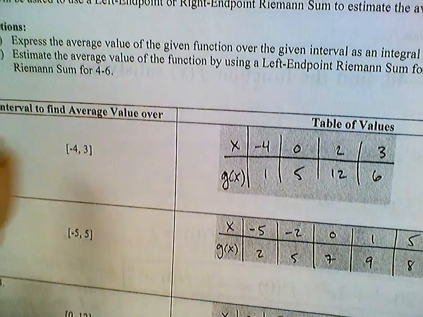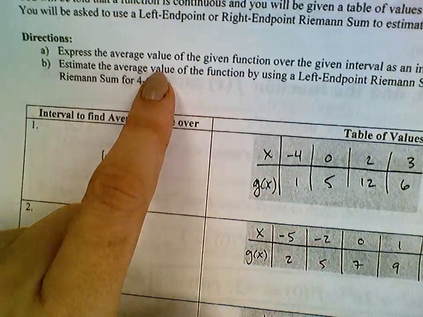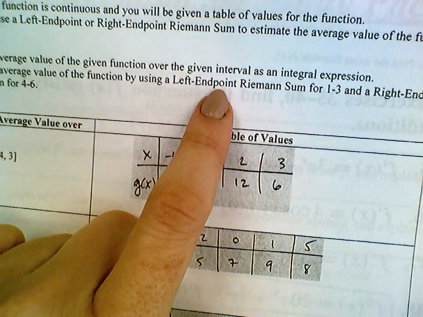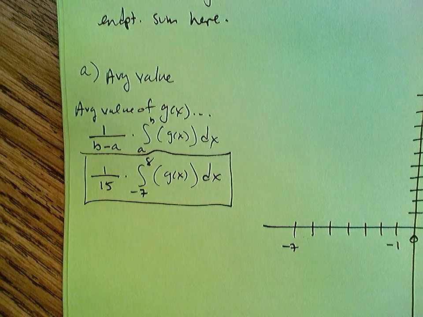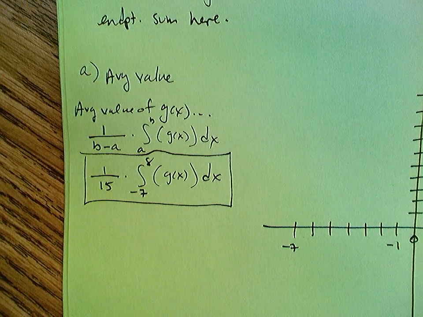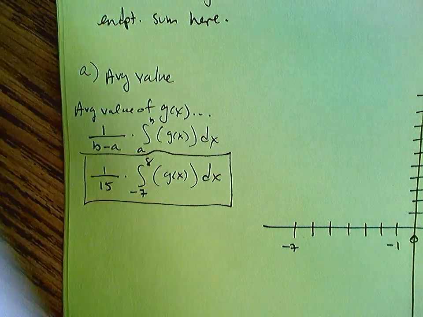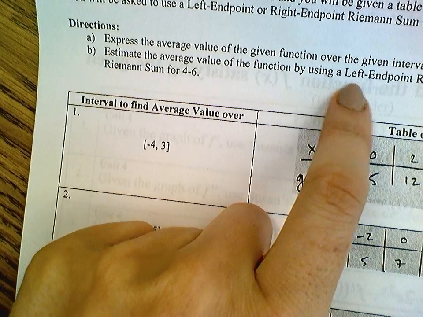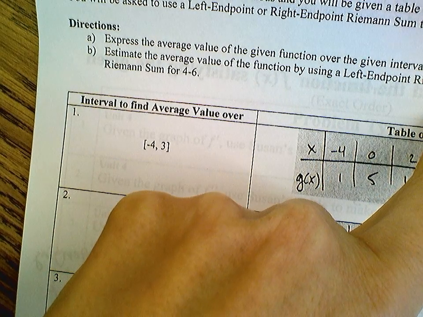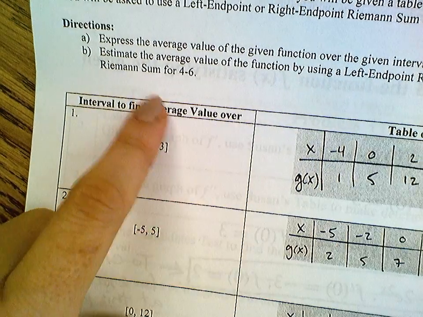So we have expressed the average value of the given function over the given interval as an integral expression. This is called an integral, so this is an expression involving an integral, so it's an integral expression. Then what we're going to do is estimate the average value of the function by using a left endpoint Riemann sum or a right endpoint Riemann sum.